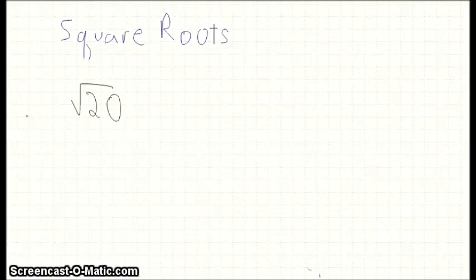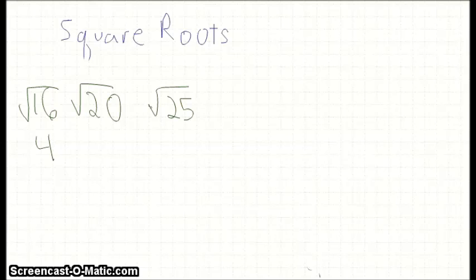There are numbers around it that you can do a perfect square root. We know square root of 16 and square root of 25. 16 would be 4 times 4, so the square root of 16 would be 4, and 25 is 5 times 5, so the square root of 25 would be 5. So we know that the square root of 20 is somewhere in between 4 and 5.